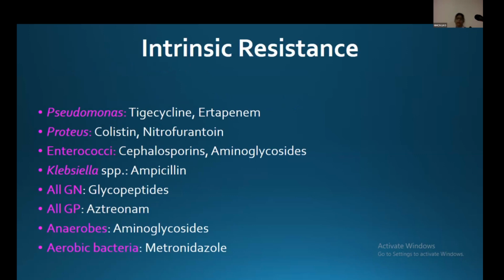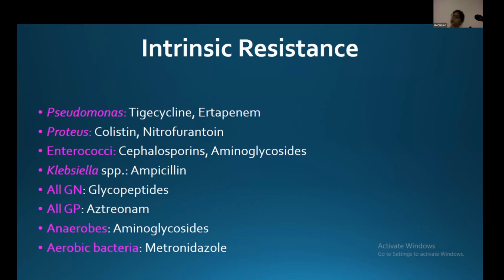So all these pathogens have intrinsic resistance to certain antibiotics, which we should know. First we start with gram positives. All the gram positives are resistant to aztreonam. All the gram negatives are resistant to glycopeptides.